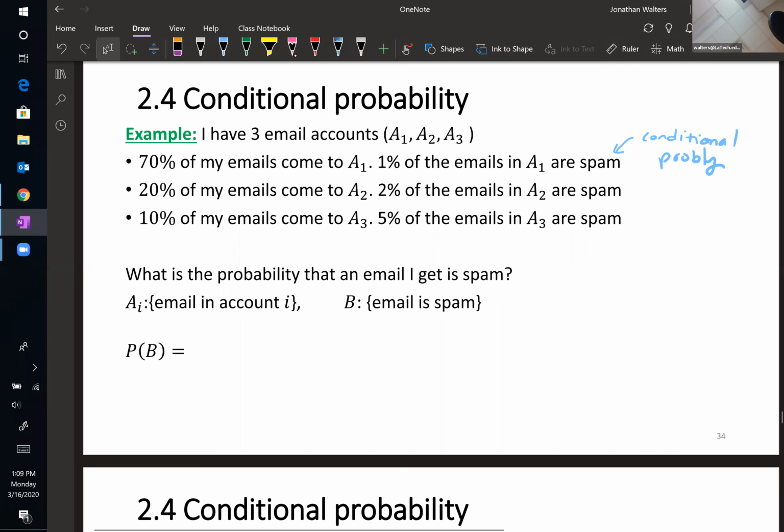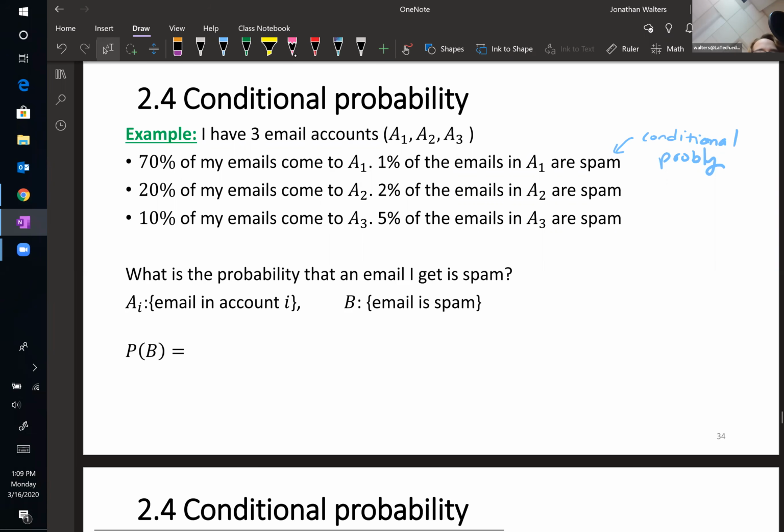Given that it's in A1, the probability of it being spam is 1%. So 70% go to A1, and then given that you're in A1, 1% of those are spam.